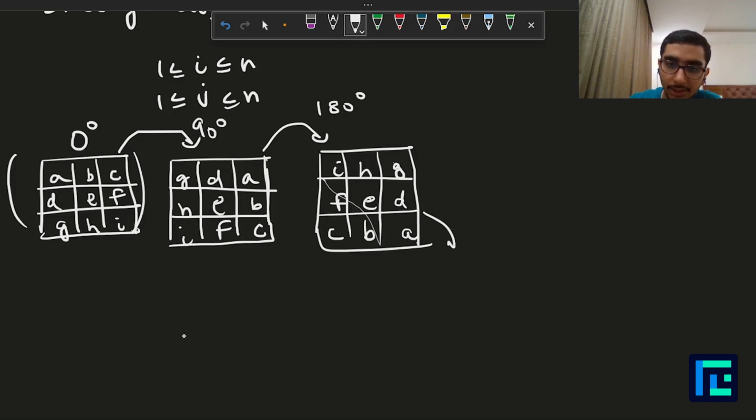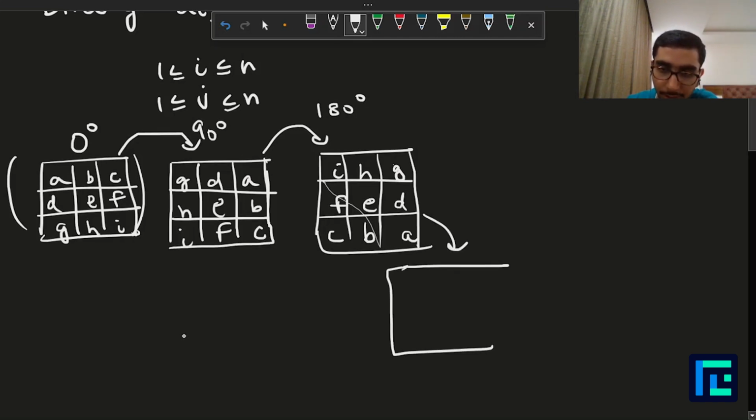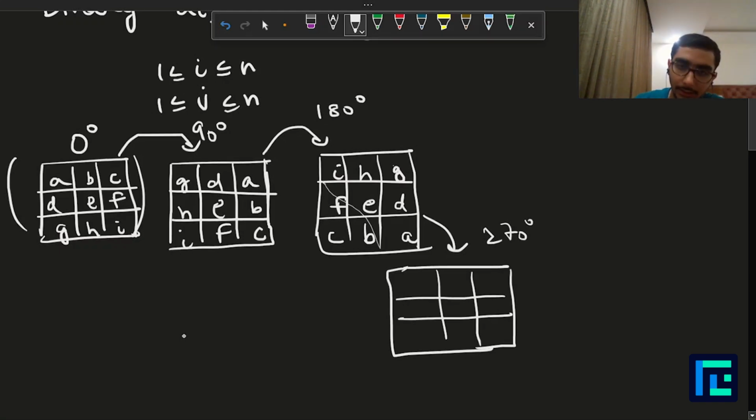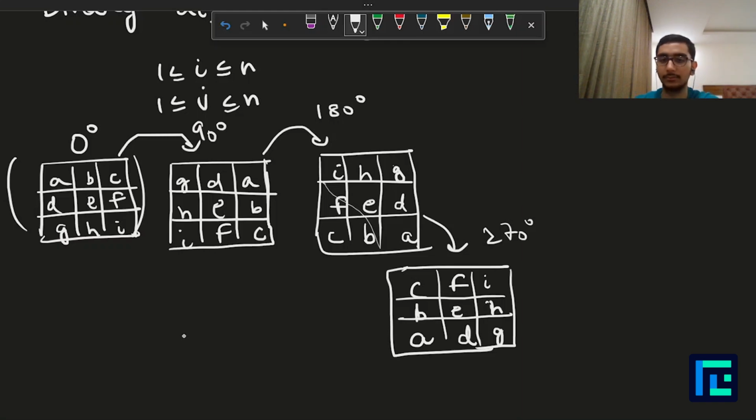And then for the final rotation, let's write it here. I would rotate it again by 90 degrees. So the total rotation now would be 270 degrees, and this would look something like that: IHG, and then FED, and then CBA.